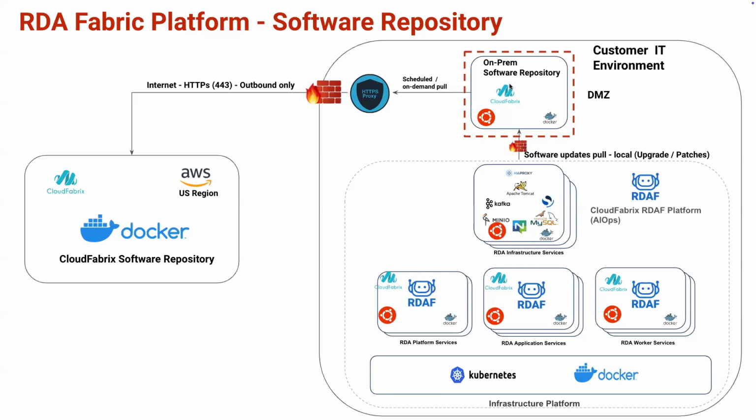You have one small machine, which we typically use as a management VM. We use this to install our RDAF platform deployment CLI and other management tools, along with configuring and installing the on-premise Docker registry repository service.